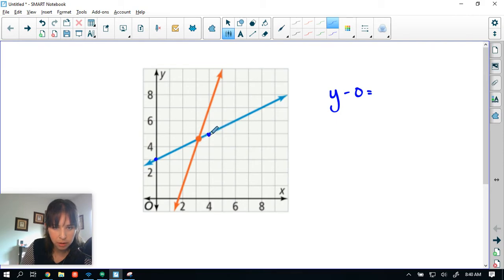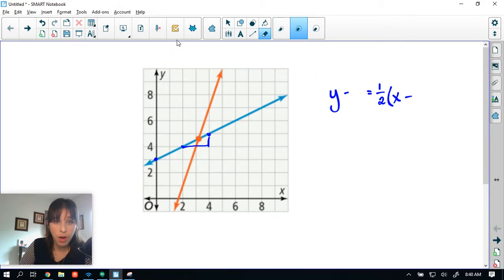Let me pick this point here, and another point here. So we go over 2, up 1. So my slope is going to be 1/2 x minus, oh wait, you know what, I did this backwards. Y minus 3 and x minus 0, because this is when x is equal to 0.